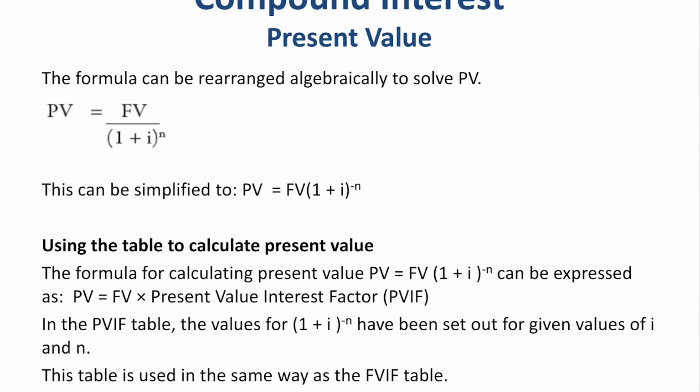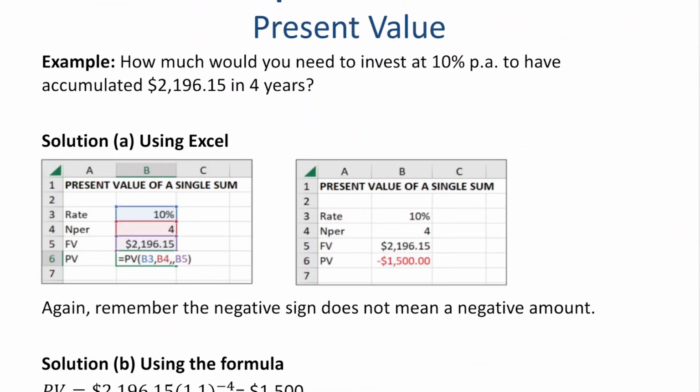So therefore, rearranging the formula, we know that the present value equals the future value divided by 1 plus the interest rate to the power of n.